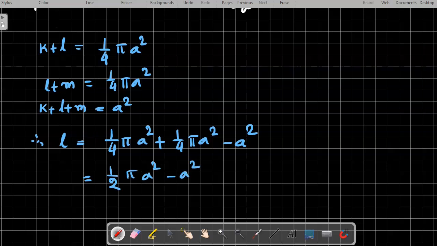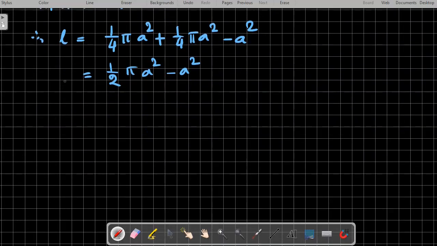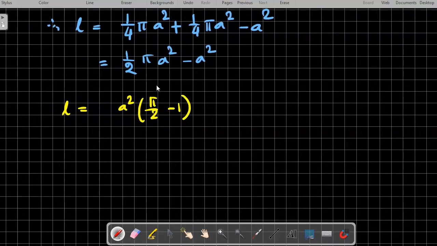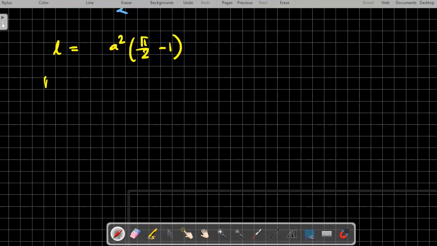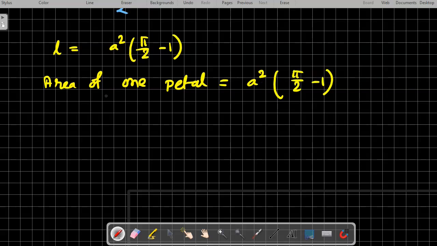So this L is equal to a square into pi by 2 minus 1. So this is area of one petal. Area of one petal is equal to a square into pi by 2 minus 1.